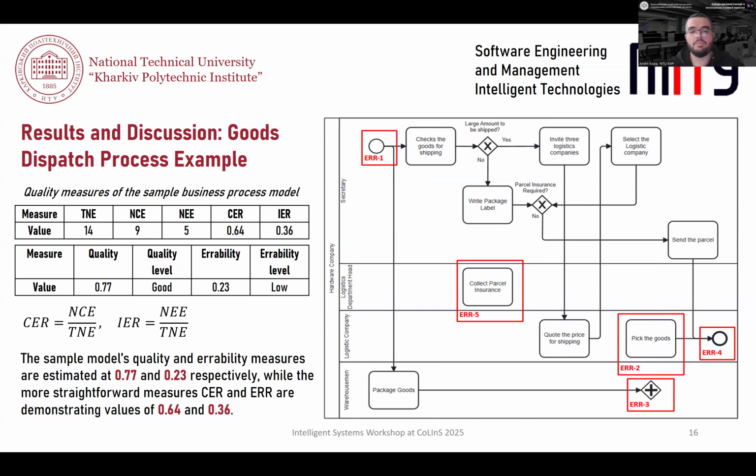The pick the goods task also doesn't have any incoming flows, breaking the workflow. The end event has 2 incoming flows, making the branching inside the process scenarios unclear and inconsistent. And we also have the end gateway, shown as error number 3, which has only one input, but neither split nor join. It doesn't have any outgoing flows.